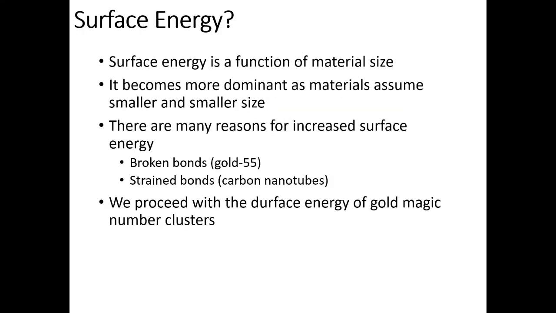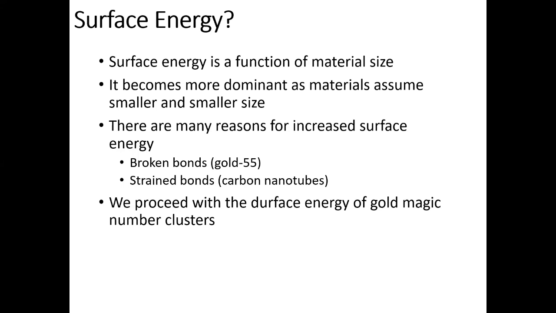Surface energy is a function of material size, right? We know that already. Surface energy is an extensive property, and the bigger it is, the more energy the surface has, but it doesn't have more excess surface energy than a smaller particle. Understand? So it becomes more dominant as materials assume smaller size.